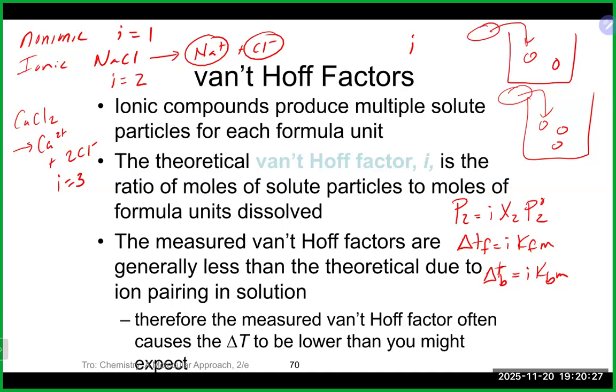Obviously, the more particles, the greater effect it is going to have on factors like boiling point and freezing point. You're going to see a greater difference in boiling point temperatures and freezing point temperatures when you dissolve something that is ionic.